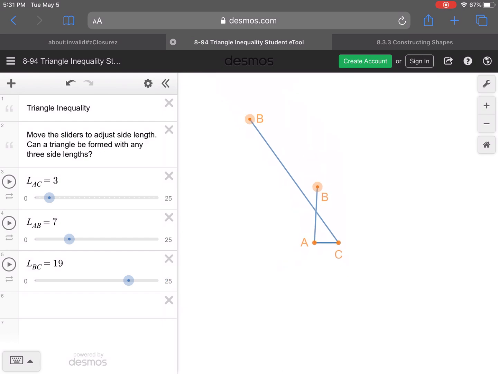I'm going to zoom out a little bit here so we can look at those all. So yeah, we can connect it there. And it looks like it makes a triangle, but remember, in order for it to be a triangle, those orange circles around both points labeled B need to be touching. And there's no way that I can adjust these that they will touch. That side 19 is just too long here.